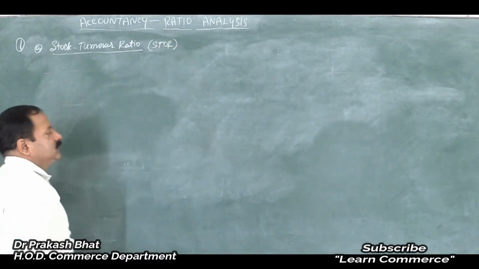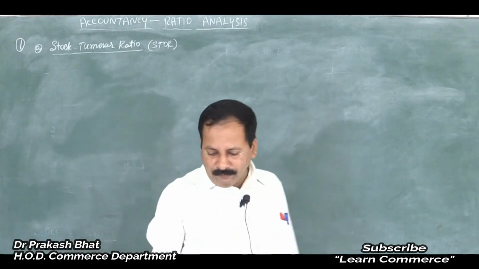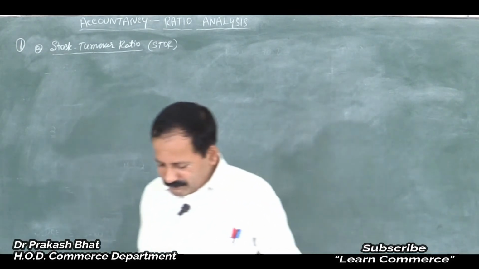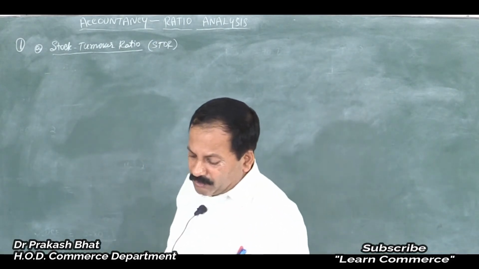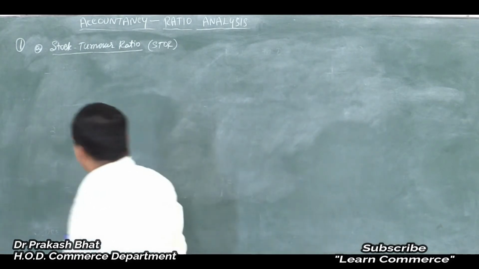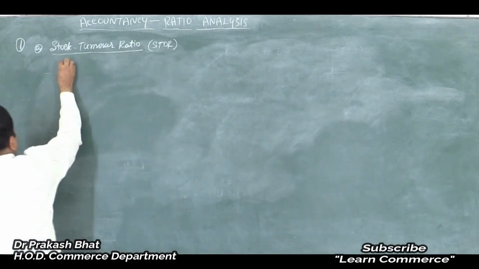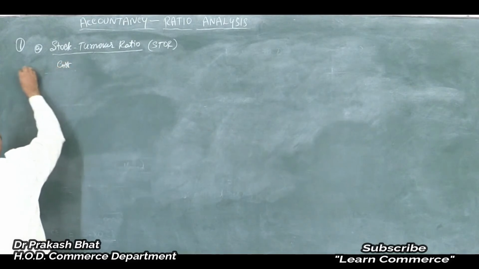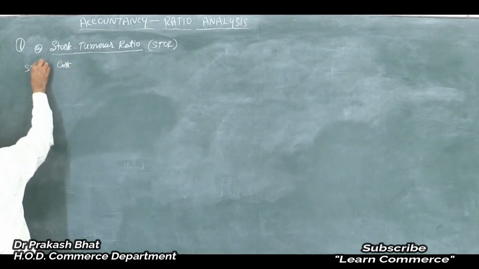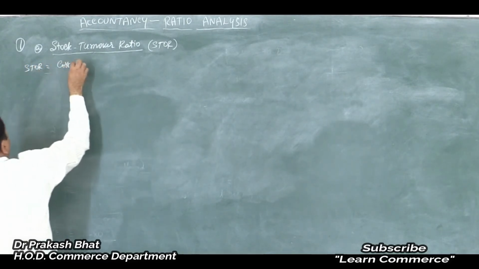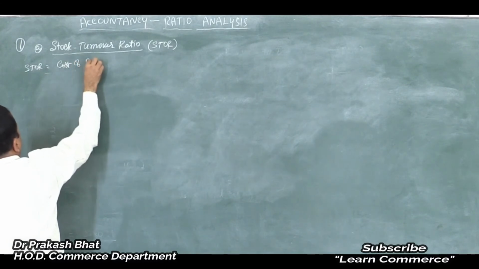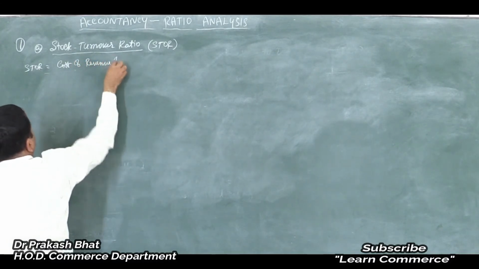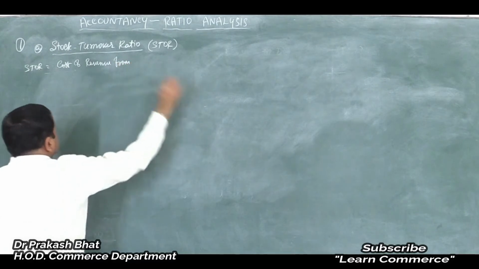Stock turnover ratio, STOR, isn't it? Write the formula: it is equal to cost of revenue from operations divided by average inventory. What do you mean by revenue from operations?